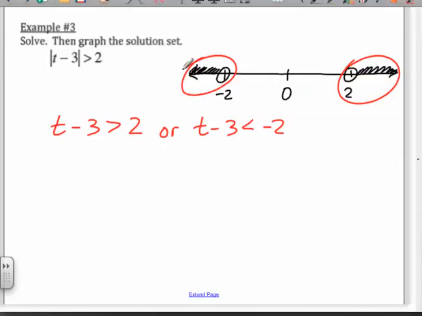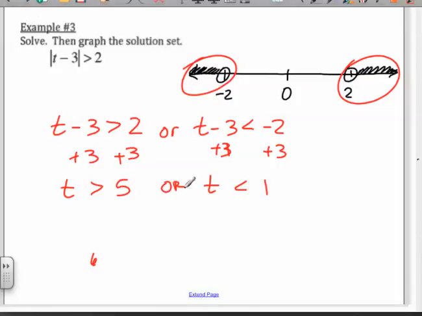Yes? So now I just simplify. I'm going to add 3 to both sides right here, and I'm going to get that t has to be greater than 5. Or, I'm going to add 3 to both sides, and t has to be less than 1.